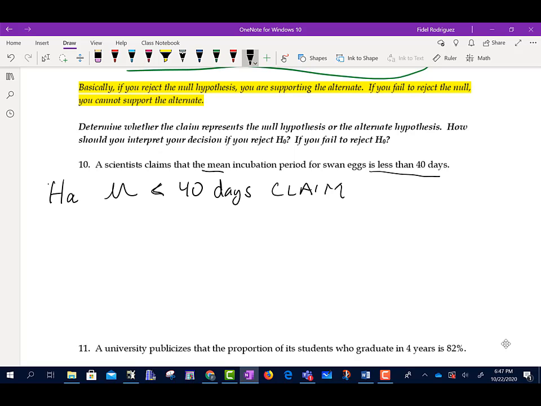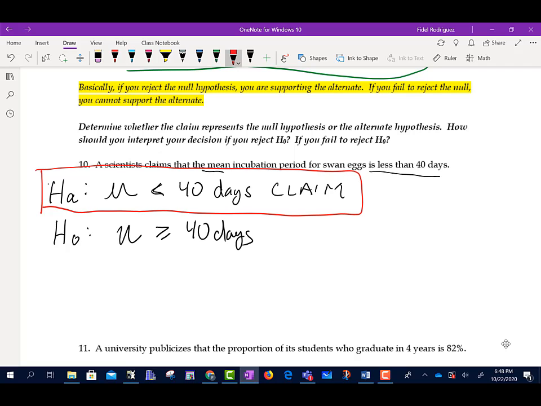This is going to be my alternate, right? So my null hypothesis is going to say that the mean is greater than or equal to 40 days. Okay, so a couple things I want to point out here. Our claim happens to be the alternate, okay?